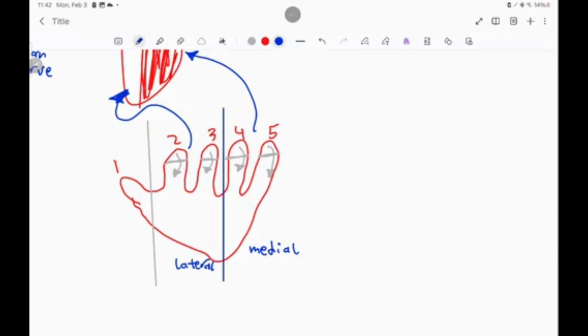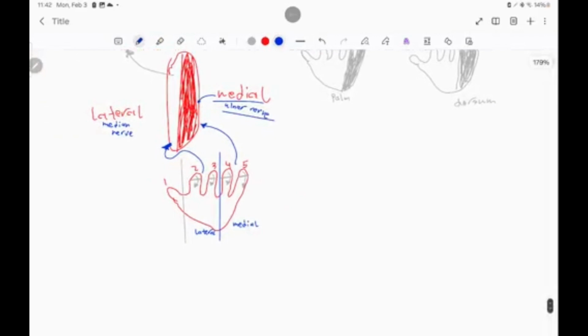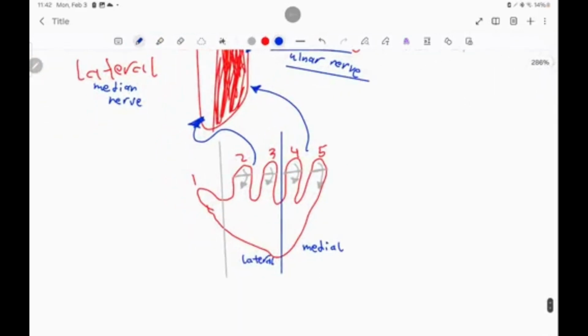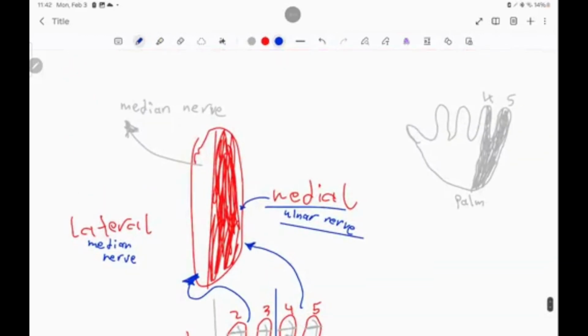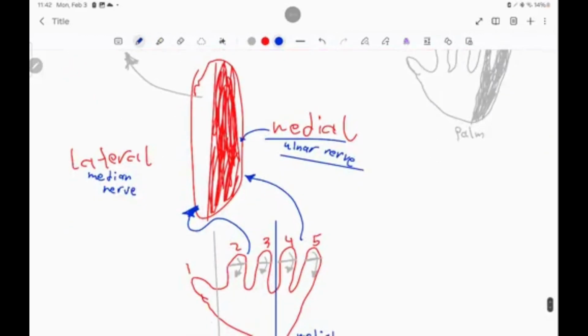The 4th and 5th fingers cannot be flexed at the distal interphalangeal joints.